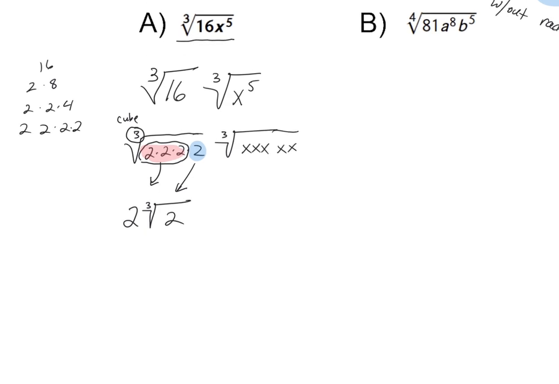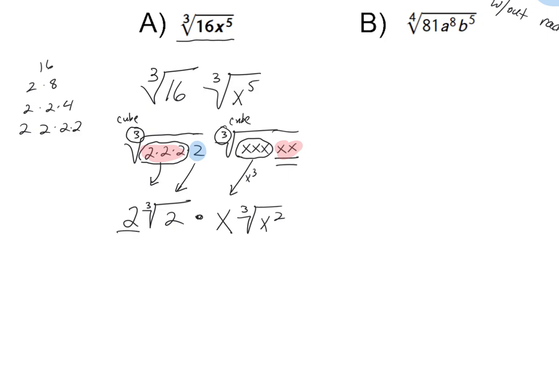Now, over here in the next cube root, again, I have a cube root. When I look at x to the 5th, I have one group of 3, 1 x cubed. So when you take the cube root of x cubed, you can take out 1 x. However, notice I have 2 left. So I still have inside the cube root x squared. I simplified each piece. Now these are multiplied together.